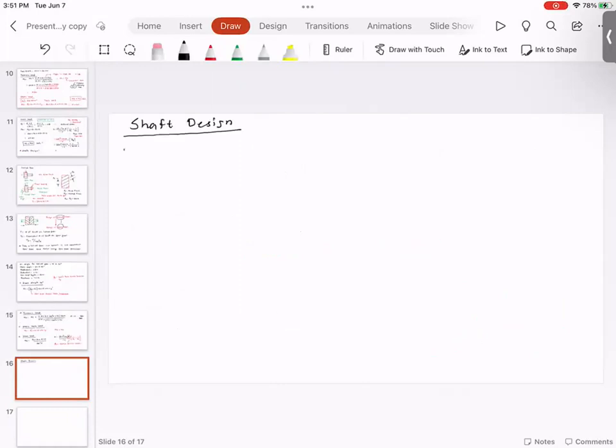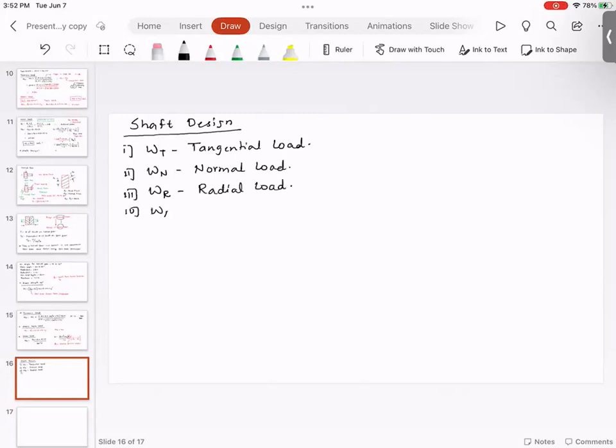So in helical gears, there is the tangential load Wt, Wn, which is the normal load, Wr, which is the radial load, and the axial load. So let me show you the helical gear, how it looks.